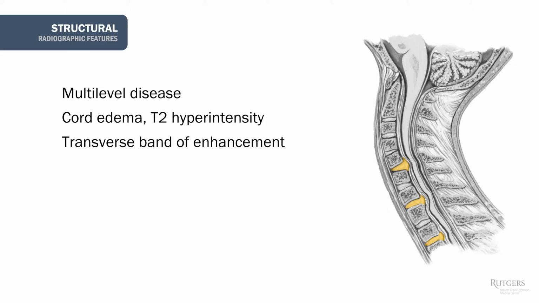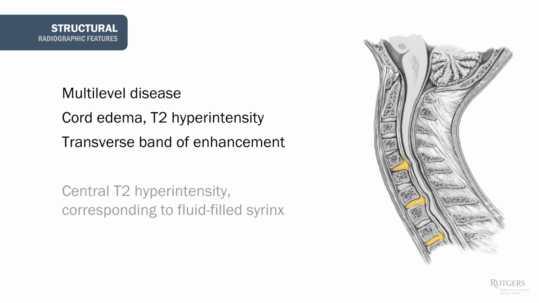While that's confusing, I just spent half the talk telling you that enhancement is typically seen in inflammatory and infectious pathologies. And that's true, but enhancement simply means the breakdown of blood-spinal cord barrier. And in the case of cord compression, that breakdown is focal at the site of the compression. Finally, in syringomyelia, you see the fluid-filled space in the center of the cord.